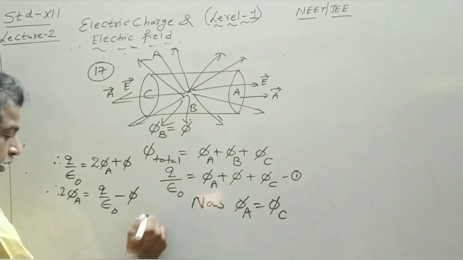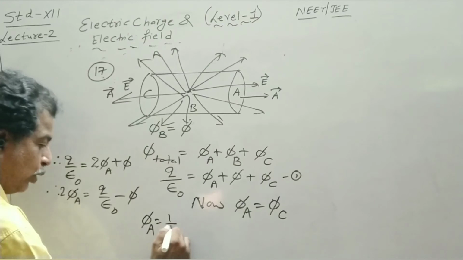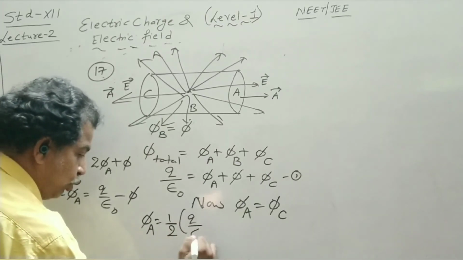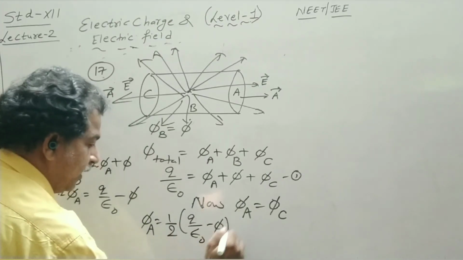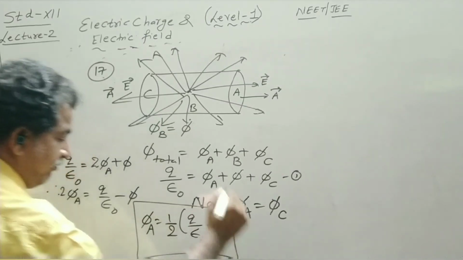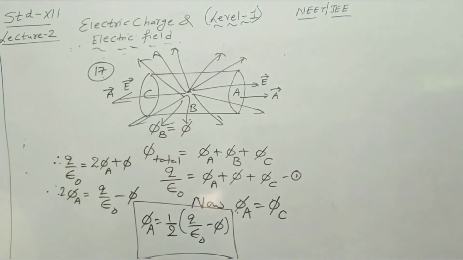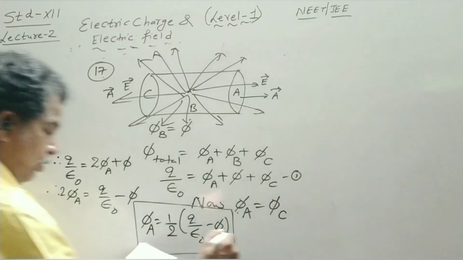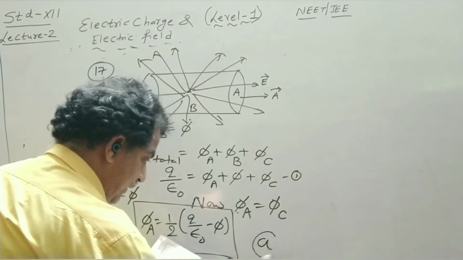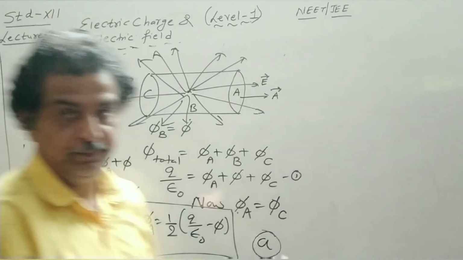This implies phi A is equal to half, and within bracket, Q upon epsilon naught minus phi. So this is the flux linked with the surface A, or you can say it is also the flux linked with the surface C. So the option is A for this question.